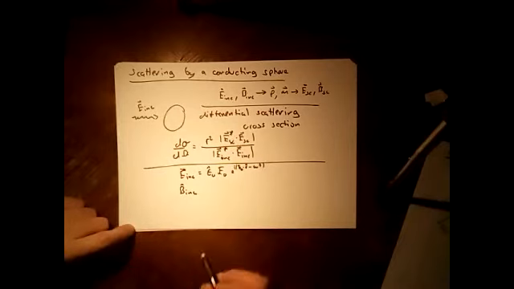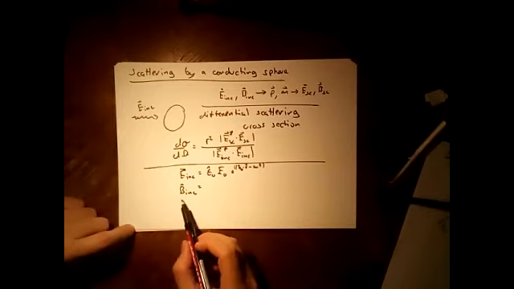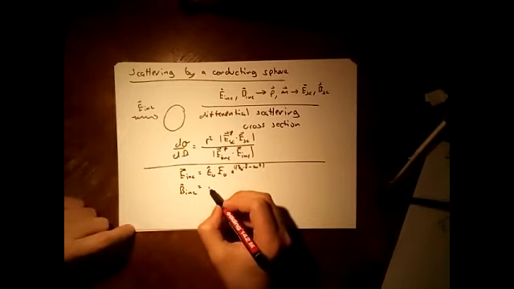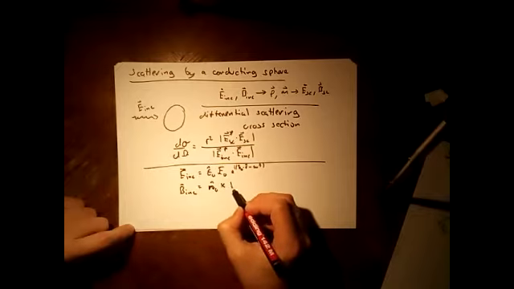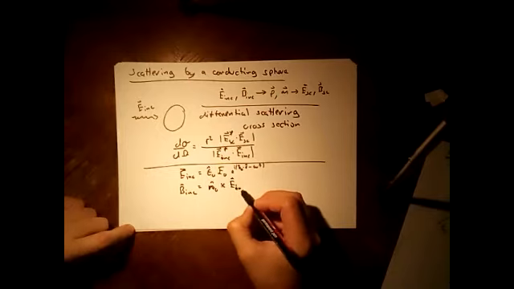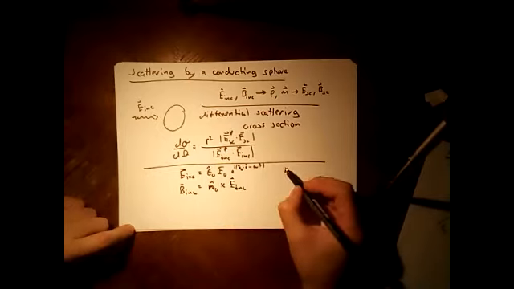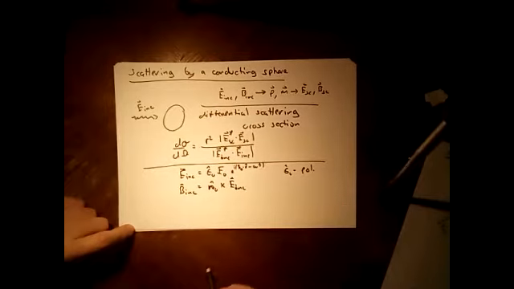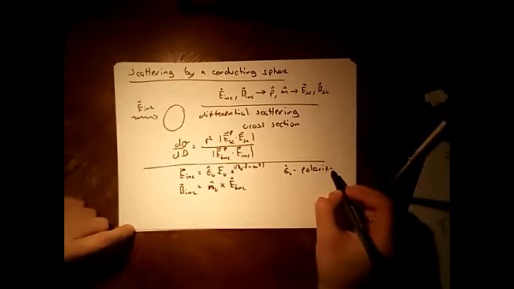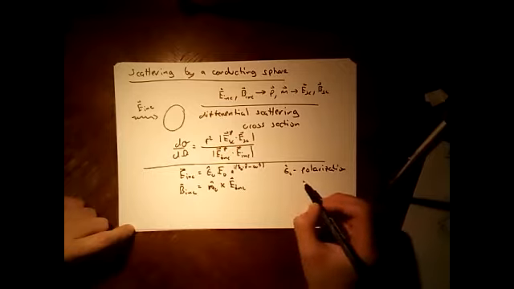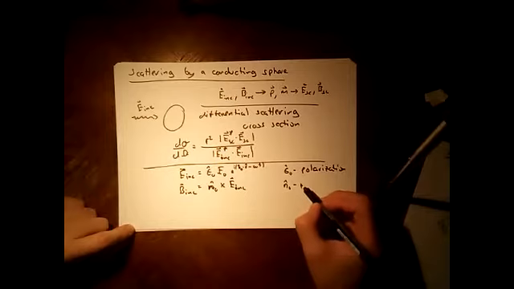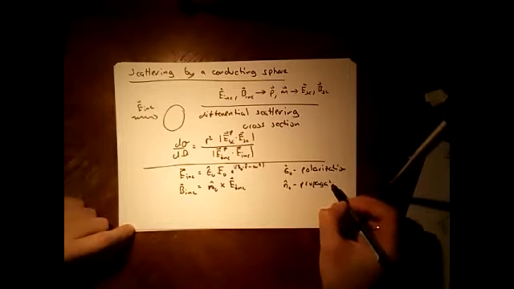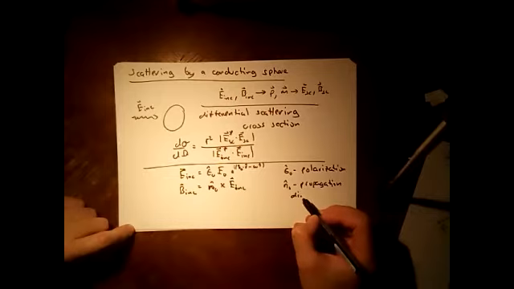And I'm going to take the incident magnetic field to be n0 cross E0, E incident, okay? And epsilon 0 is the polarization of the incident wave, and n0 is the propagation direction.